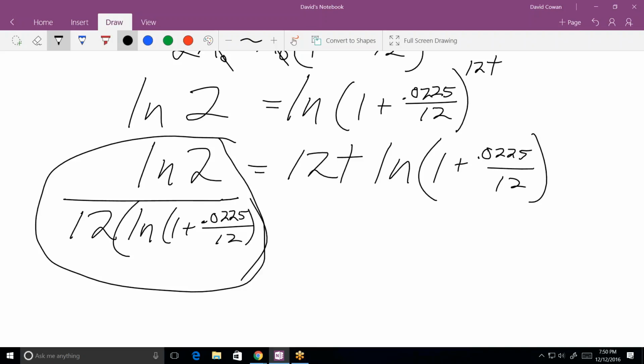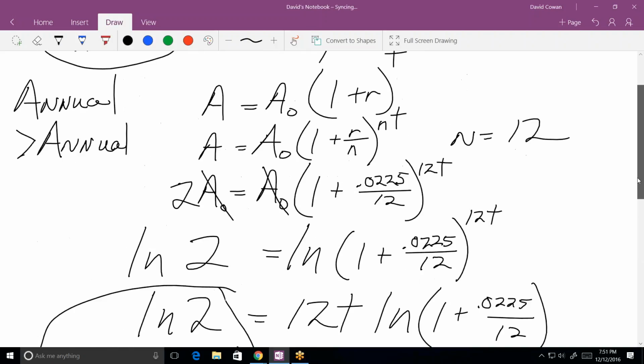Some things have a half-life of like 3 seconds. Other things have a half-life of 25,000 years. So the units on t are not predefined by the general equation. Usually when you're talking about compounding and they give you a rate on a per year basis, then t is in years.